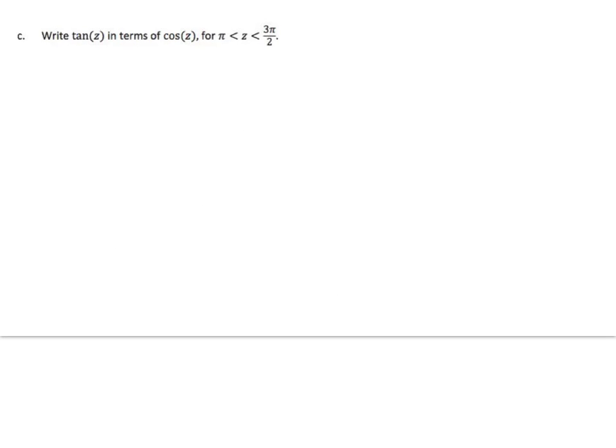Write tan z in terms of cosine z, for z between pi and 3 pi over 2. So we're in this quadrant here. Let's look at that Pythagorean identity again.